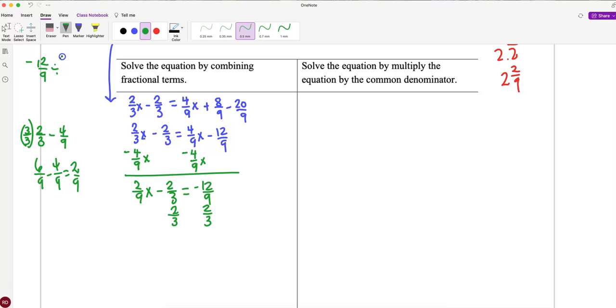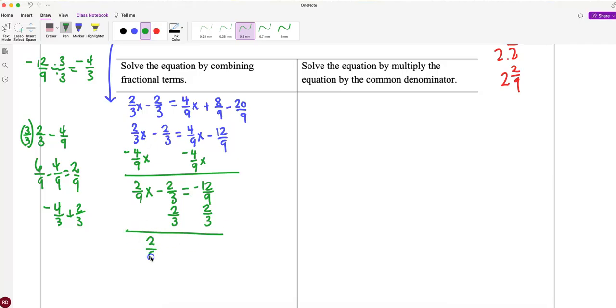If I divide those by 3, this is negative 4/3. So I've got negative 4/3 plus 2/3 is negative 2/3.